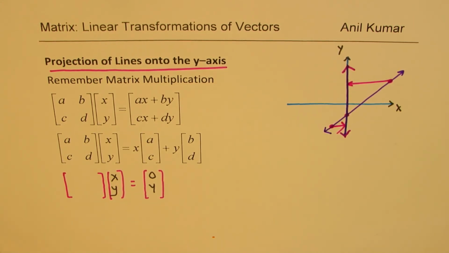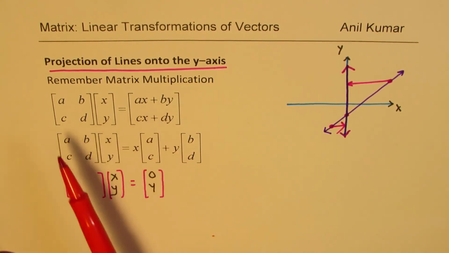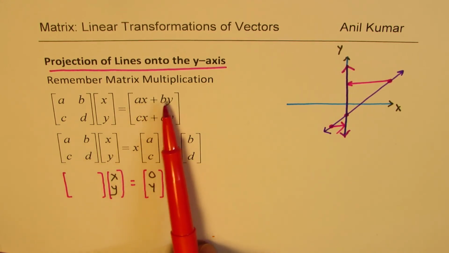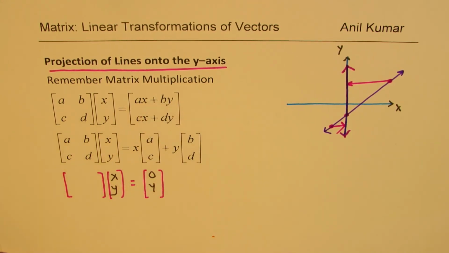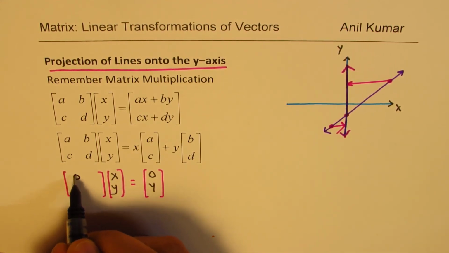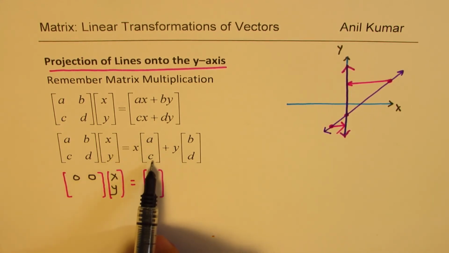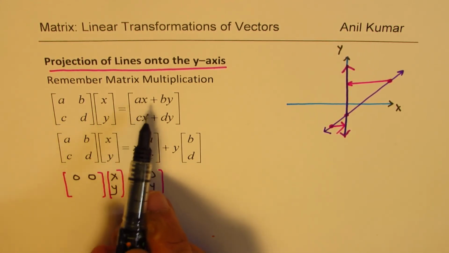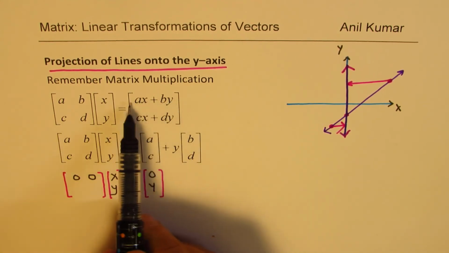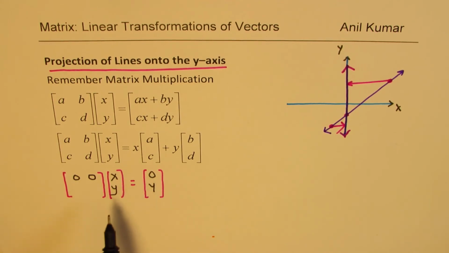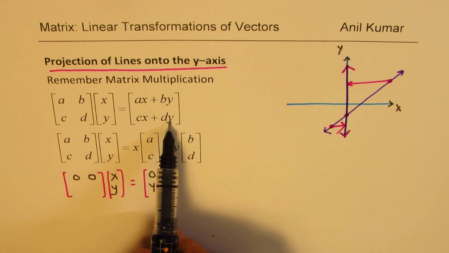Now, seeing the transformations, the multiplication rules, we want x value to become 0, and that is what the combination could be. So clearly, these two values here should be 0. Only then you get the x value as 0. Does it make sense? A and B should be 0 to get this 0, right? Okay. For y, this combination should be y.